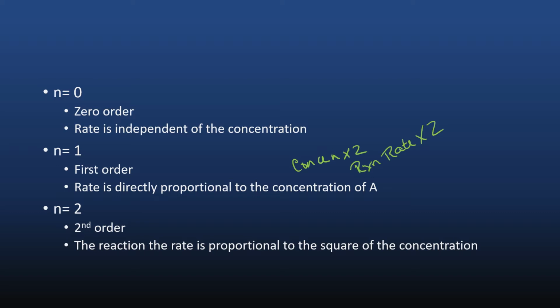For a second order reaction, the rate is proportional to the square of the concentration. So if n is 2, then our reaction rate quadruples. Our reaction rate goes up times 4.